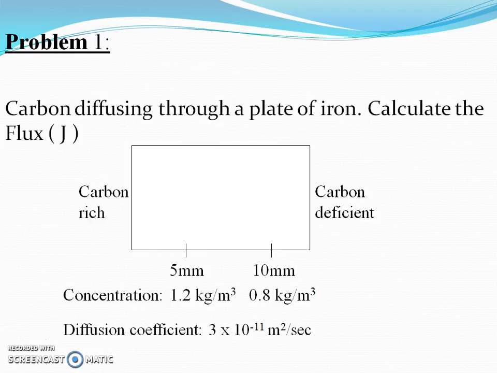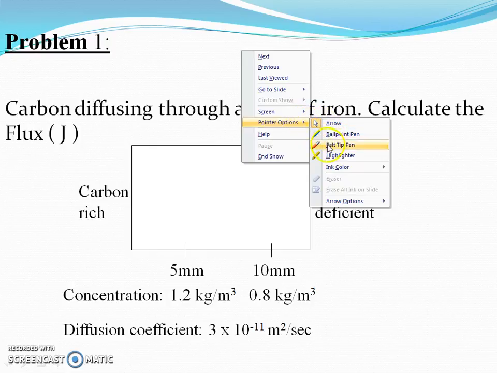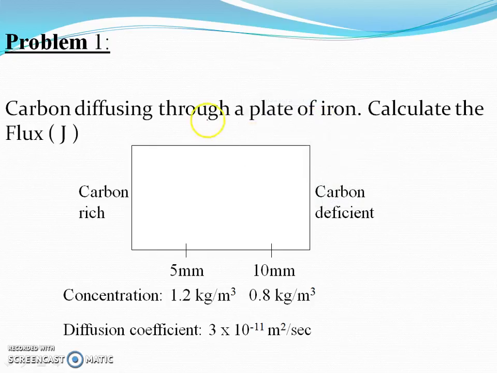For the present problem, carbon is diffusing through a plate of iron and you are supposed to calculate the flux. Now the position 1 is carbon rich position.